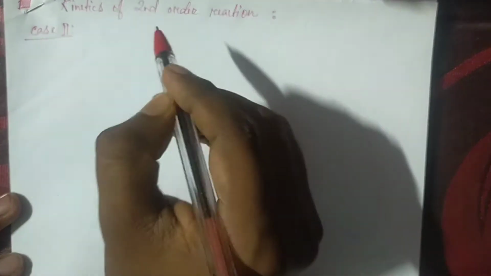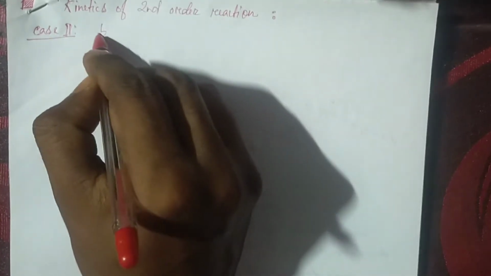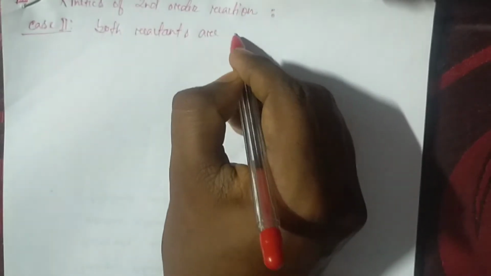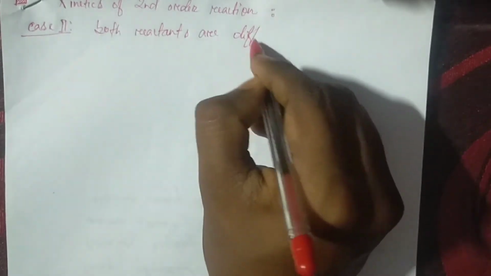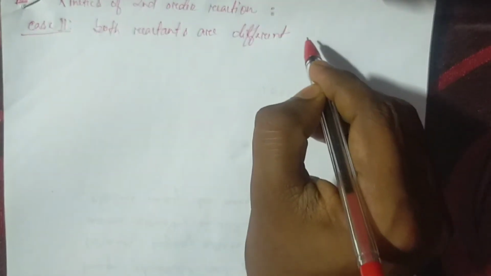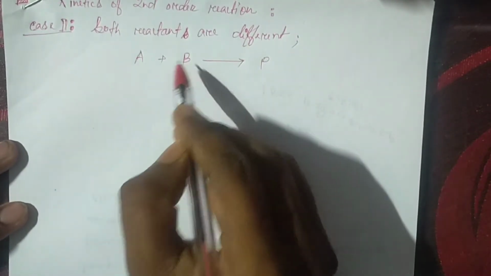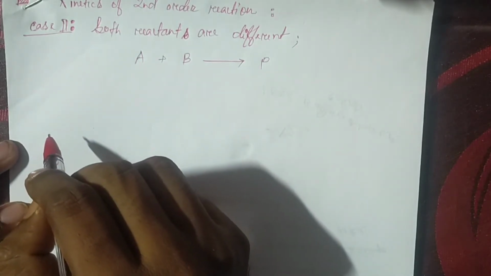So here it is A plus B giving product P. A and B are different reactants.